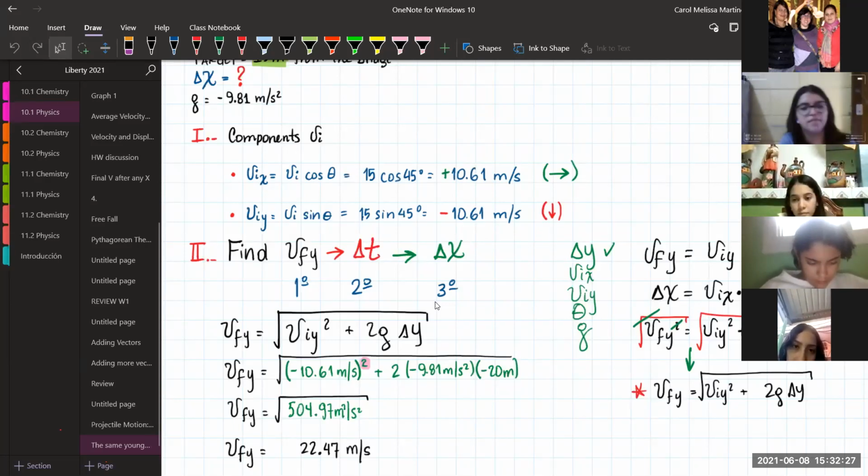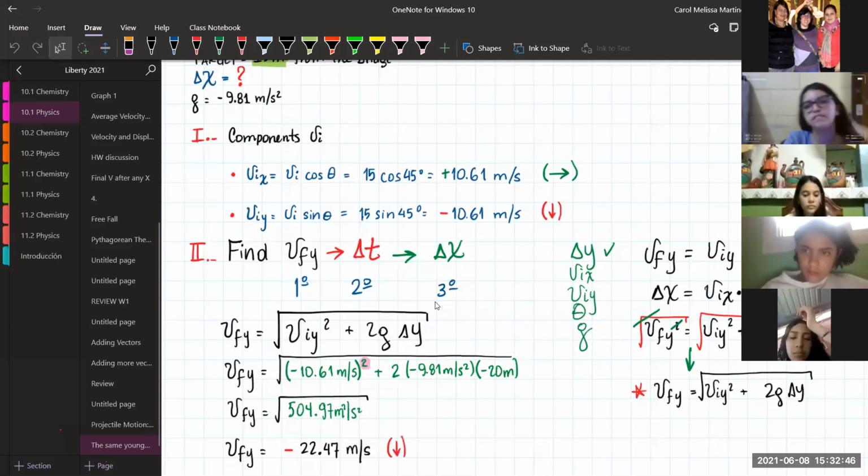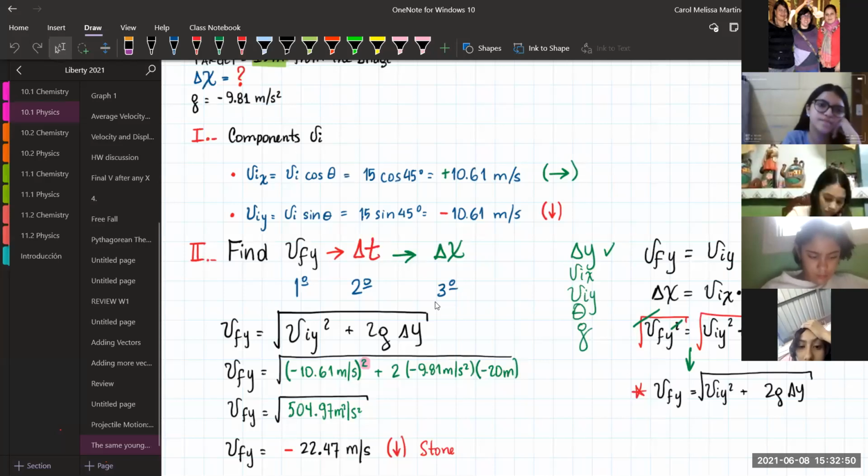We need to put the negative because the stone is going down. Remember that square roots can give you plus and minus as an answer, so we're going to choose the negative because the stone is falling down. Remember this: the stone is falling down.